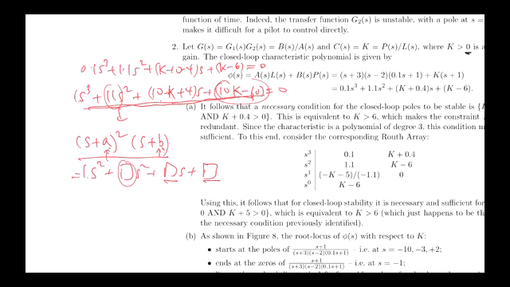Those three equations have three unknowns. In principle, I can solve the three equations for the three unknowns, which will tell me where the roots are and the value of k that makes sure that two of the roots are in the same spot on the real axis.